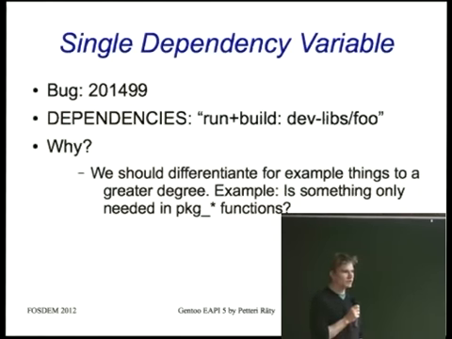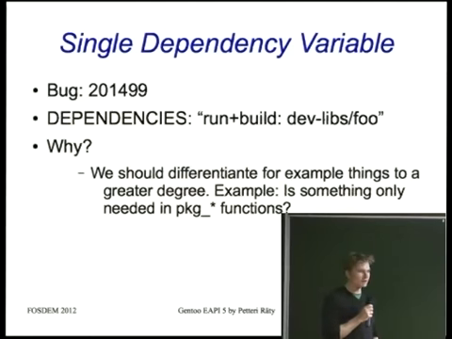So the discussion is to have them in a single variable and in a more defined way. Currently, if you look at the package manager specification on how the dependencies are defined, it's not really clear because of the historical way Portage works. I would want to separate them to a more granular level and specify them that way.